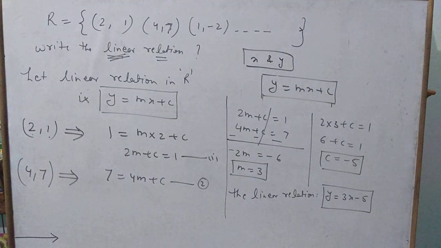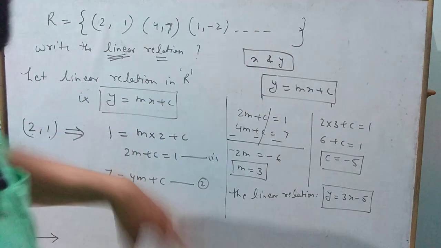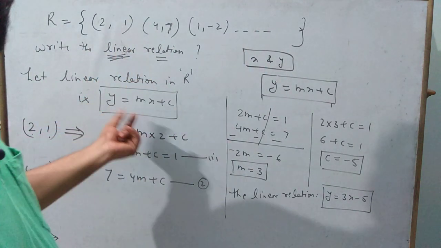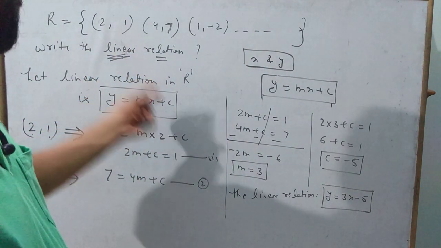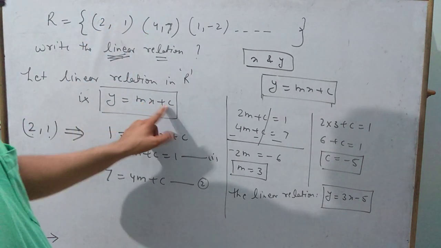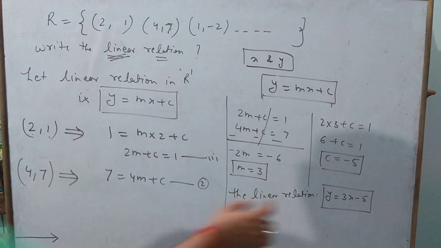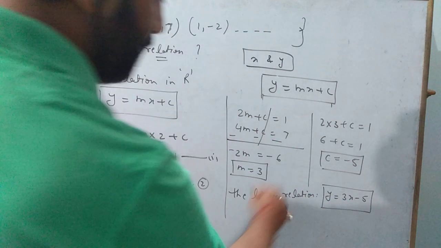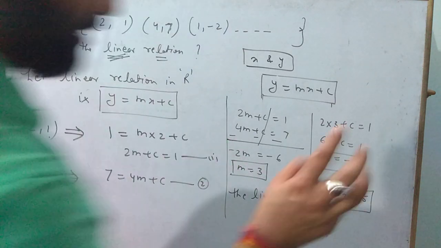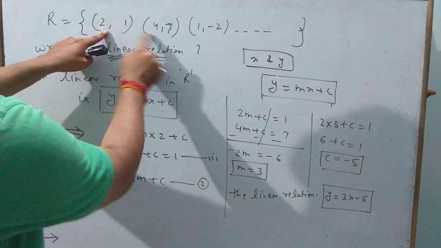So whenever a relation is given in ordered pair form and the question says find the linear relation, you can choose y = mx + c, take two ordered pairs and satisfy them to find m and c, and put them back to get the linear relation. If you want to check whether your relation is correct, we made this linear relation with the help of two ordered pairs.